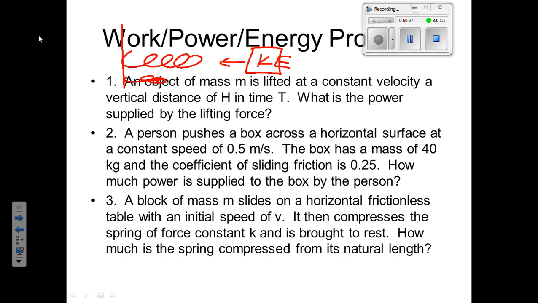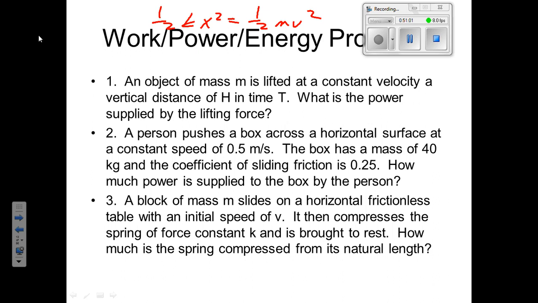So what two equations are we going to set equal to each other? The potential energy of a spring is 1/2 kx squared, and we set that equal to the kinetic energy of the box.